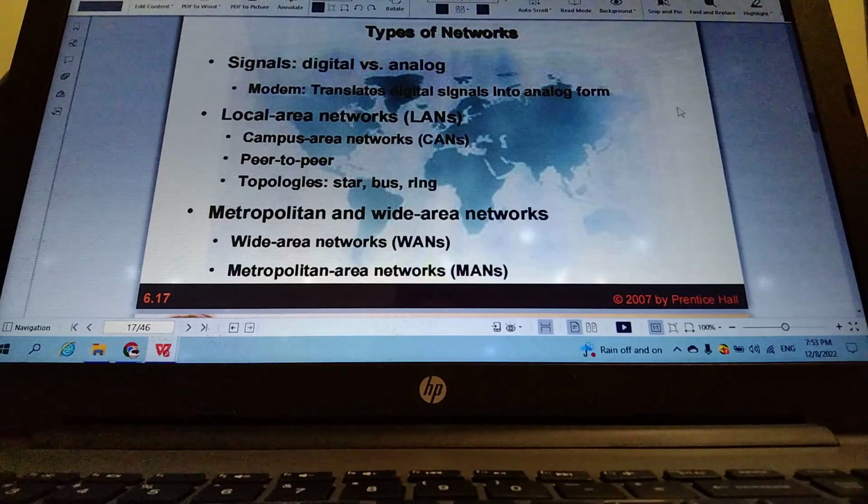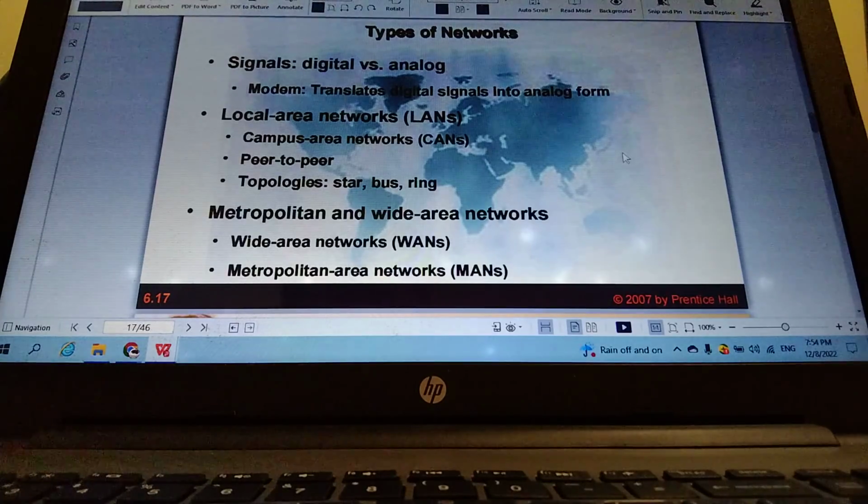And then we have what we call metropolitan and wide area networks, which are larger than LAN. So a number of LANs or hundreds of LANs will be part of the metropolitan or wide area network. As your local area network gets bigger and bigger, we call that metropolitan.